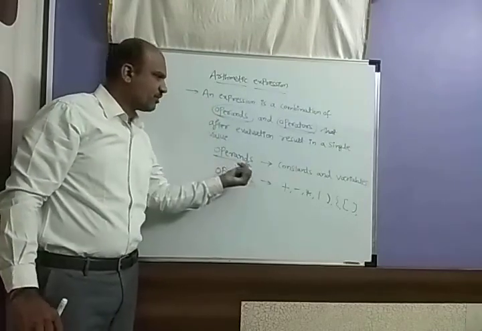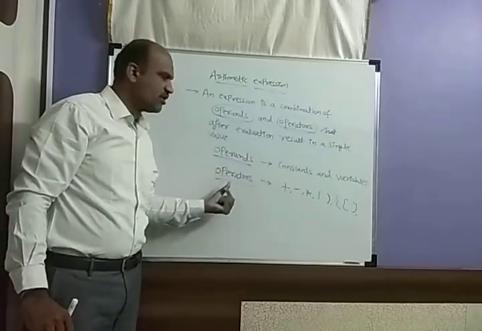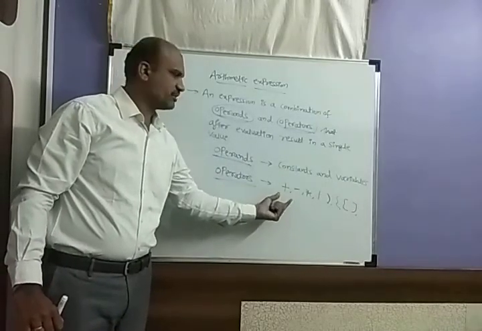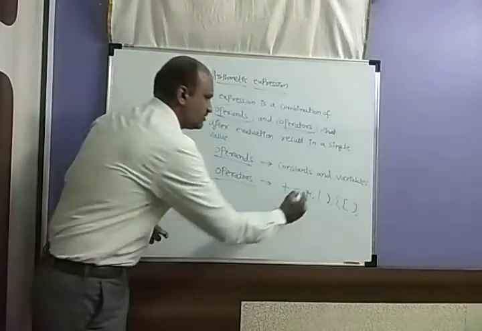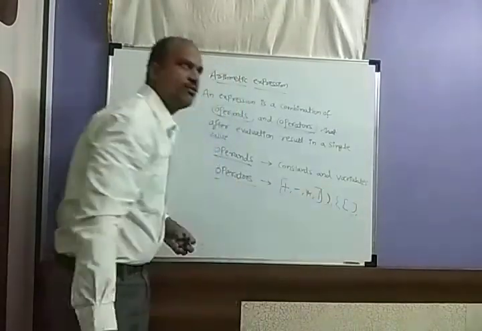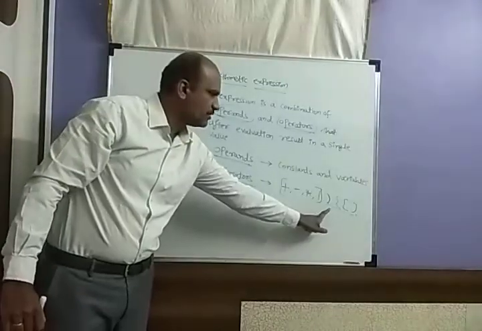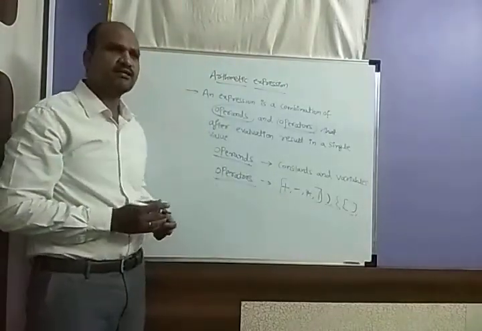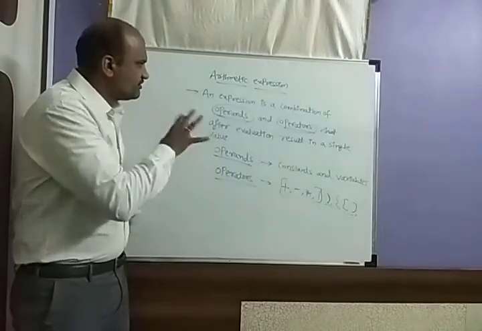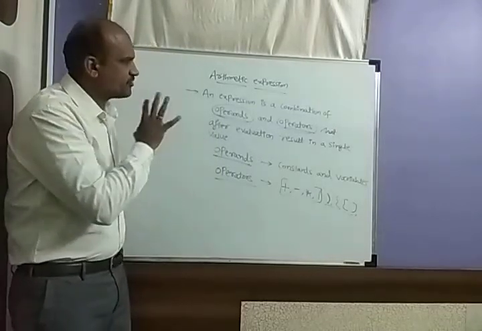Operands are constants and variables. Operators are the different arithmetic operators, plus, minus, multiplication. When you go for expression evaluation, you also use brackets and square brackets.